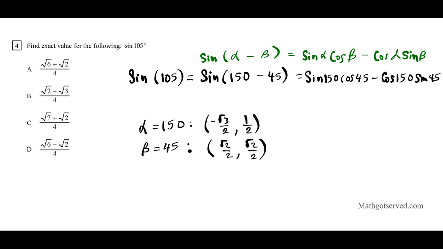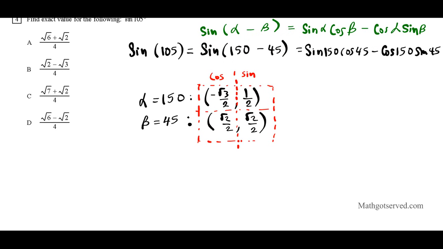All right, so we know that the x-coordinate is cosine, and the y-coordinate is sine. Now we're going to use this mini chart we have created here to figure out the value of this long expression we have here. Okay, so let's go ahead and figure out what it is.